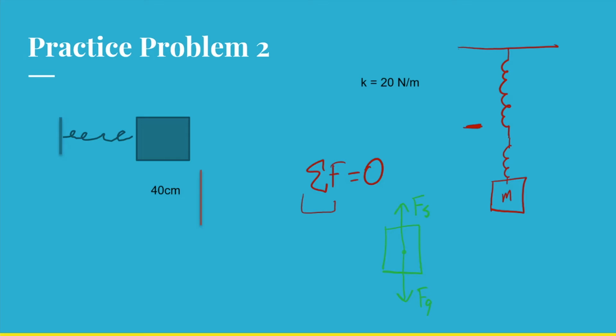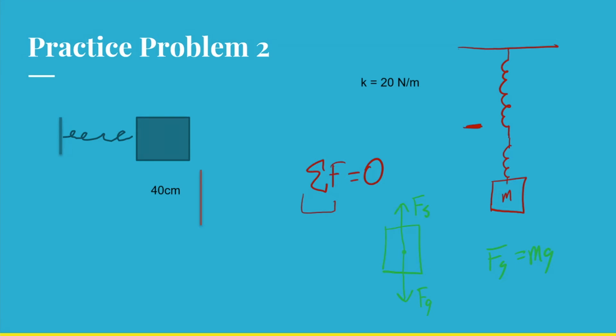So in this situation, our negative sign will depend very much on whether we define up as positive or down as positive. I'm going to define down as negative. So obviously the force of gravity is equal to mg.